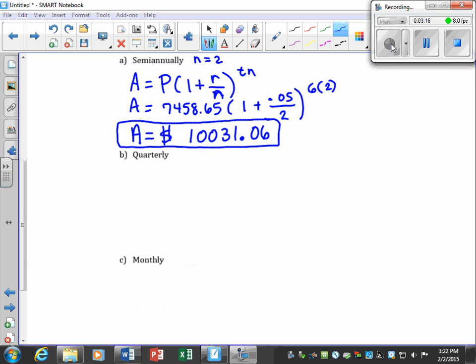Alright, so the only difference in this entire problem is they say quarterly, which means our N is 4 times a year. So A equals, I write my original formula down.